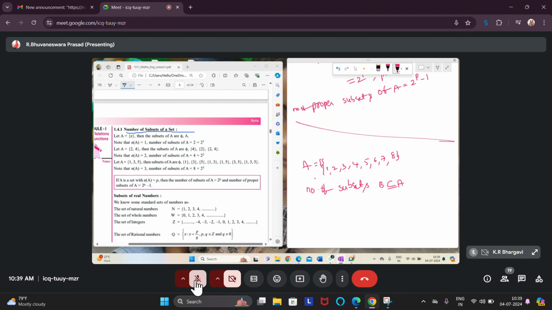B subset of A, so B could be {1}, next {2}, next {3}, next {4}, {5}, {6}, {7}, {8}. Next {1,2}, next {2,3}, next {3,4}, and so on, the whole entire set also comes once, and the null set is included, right?